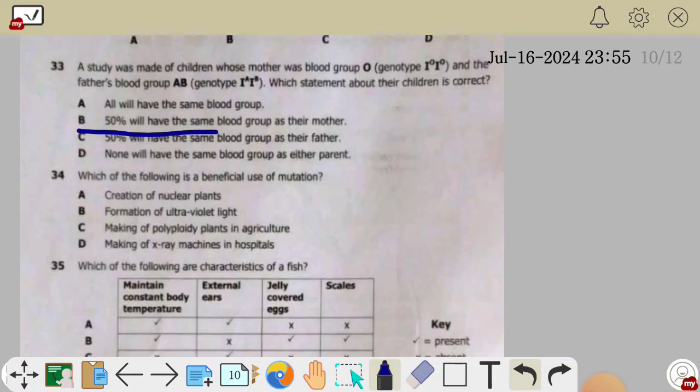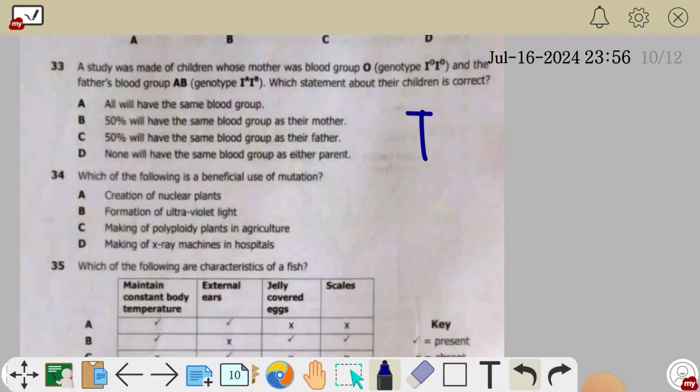B, 50% will have the same blood group as their mother. C, 50% will have the same blood group as their father. D, none will have the same blood group as their parent. So the correct answer is D. None will have the same blood group as their father.